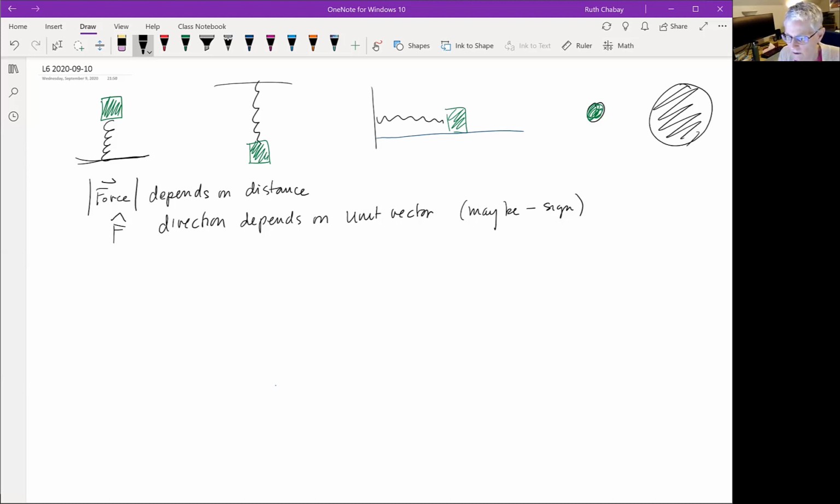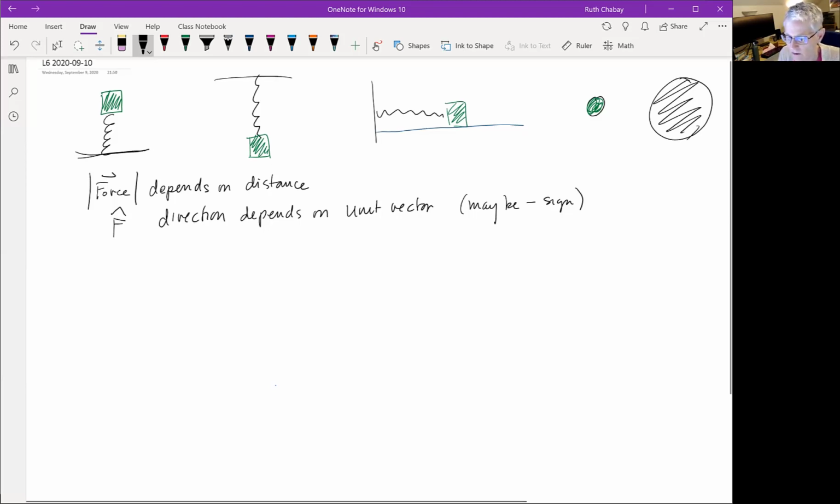So last time we talked about this, so I'm just going to write down the expression for the spring force as a vector, and then we're going to go through it and take it apart and see what it actually means. So the spring force, I'm going to call it F spring.